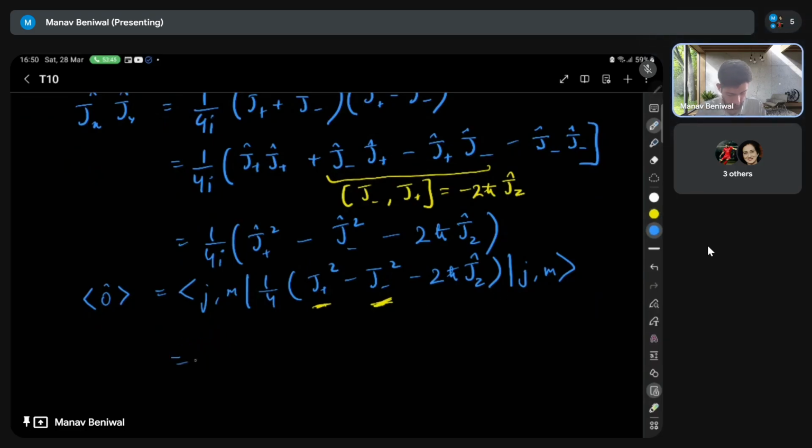This then will become 1 by 4, and so this will become minus 1 by 2. So this 2 and 4 will give us minus 1 by 2, and then Jz acting on m will give us m h cut, and we have an additional h cut here, so this will be m h cut squared.